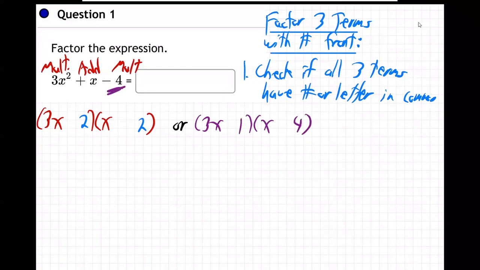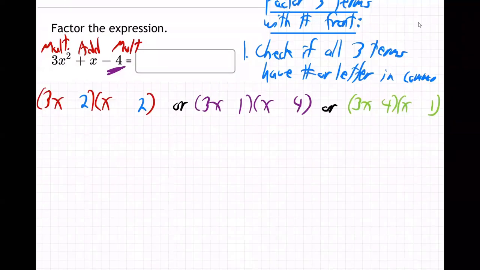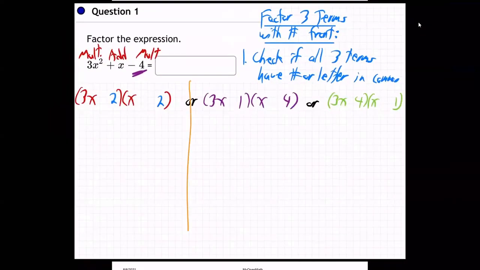I'm looking for what multiplies to the number. I'll do the negative part in a minute. Or, hey, what else is there? That's it. Well, not quite. Or 3x and x, and you could put the 4 here and the 1 there. Okay, now hold on for a minute. Let me separate these for us, because we're going to need to find out which one of those is right.